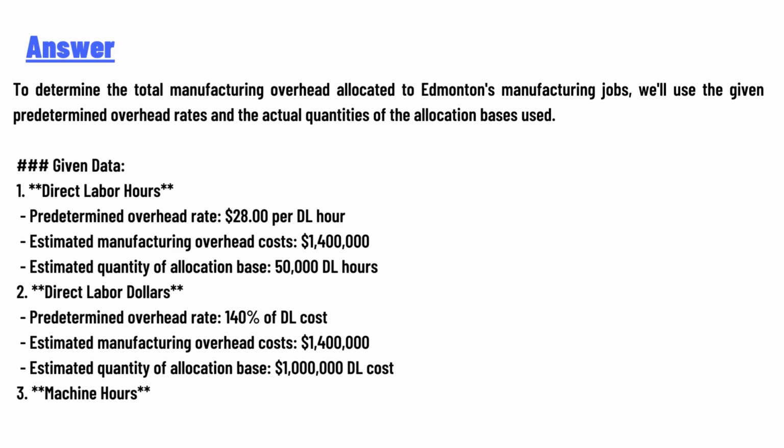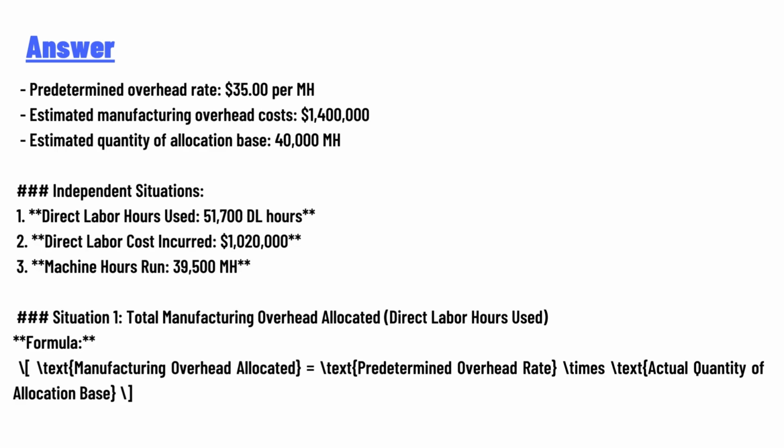Direct labor dollars, predetermined overhead rate 140% of DL cost, estimated manufacturing overhead cost 14 lakh, estimated quantity of allocation base 10 lakh DL cost. 3. Machine hours, predetermined overhead rate $35 per MH, estimated manufacturing overhead cost 14 lakh, estimated quantity of allocation base 40,000 MH.